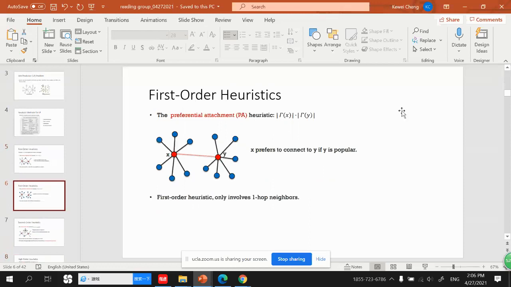Another first order heuristics-based method is the preferential attachment heuristic.